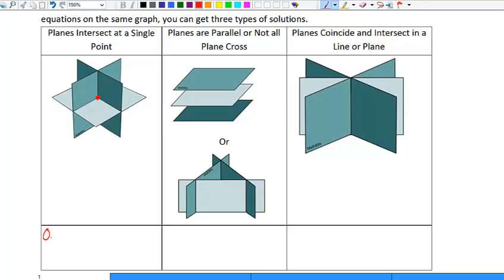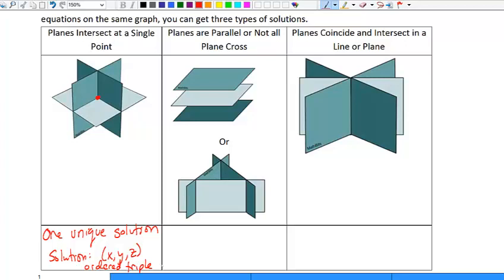So you get one unique solution. And your solution is going to look like an ordered triple, like x, comma y, comma z. Those are the ones that we've already covered in the previous lesson.